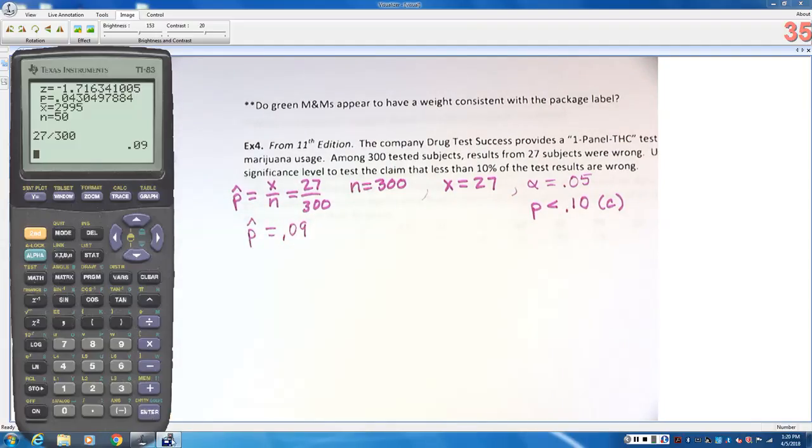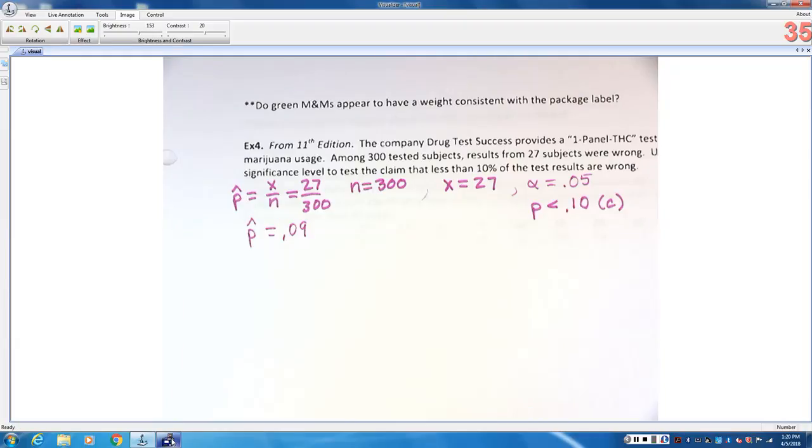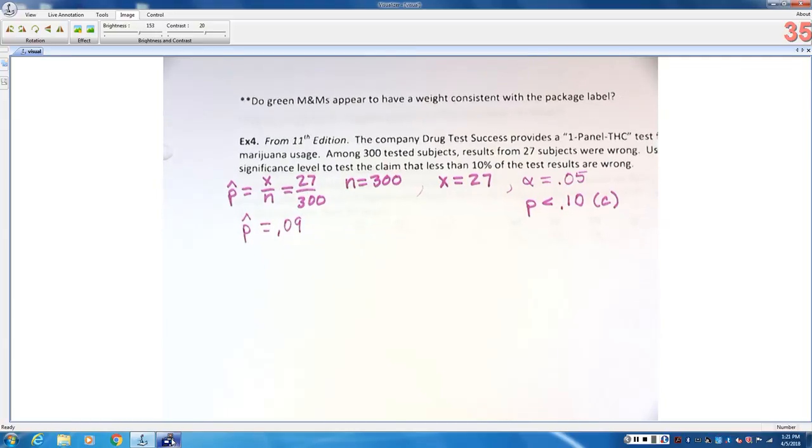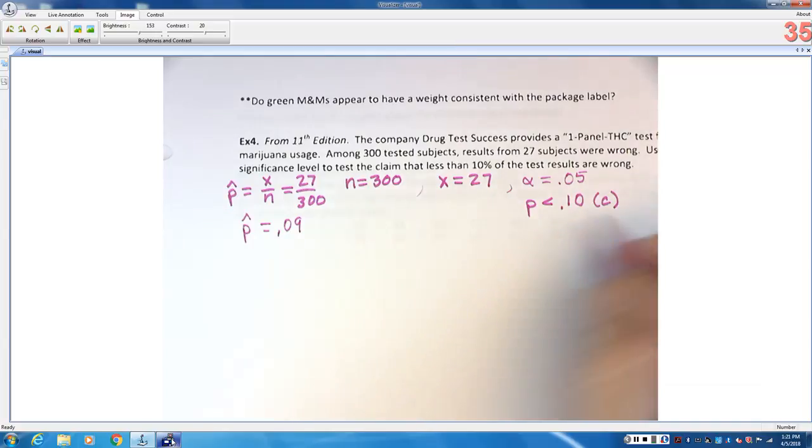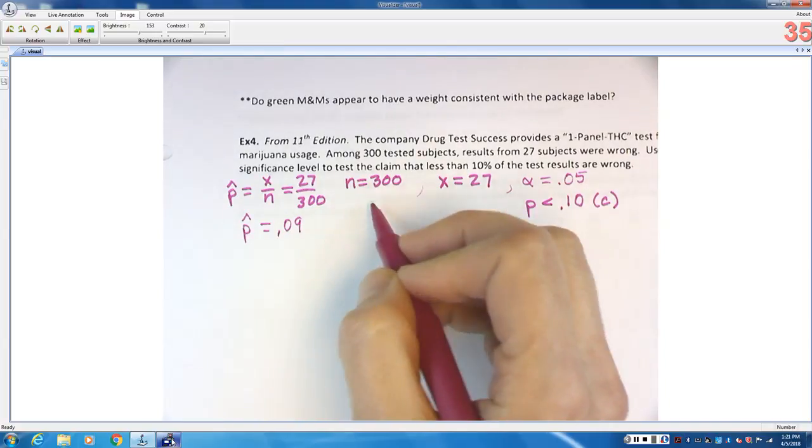So why do we have to do a test? Can't we just compare our p-hat with our p? What do you think, guys? Well, we have to know if it's statistically significant. And it's all based on that normal curve from chapter 6. So it depends on the sample size too.